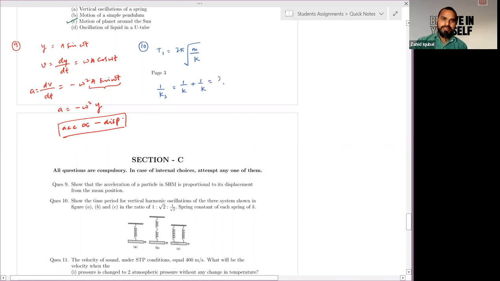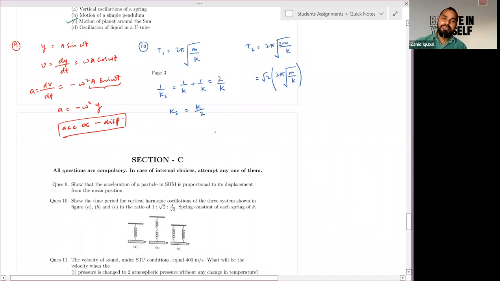So it will be simply 2 by k, or k equivalent in series will be k by 2. So time period is 2 pi root of m by k, and in place of k we have k divided by 2. So you may write root 2 times 2 pi root of m by k.